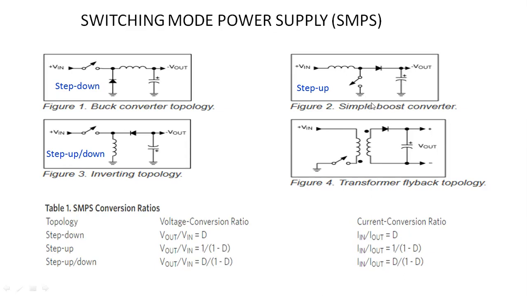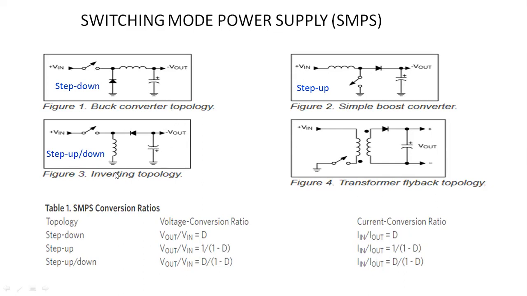We can say that is nothing but the simple boost. And inverting, or we can say the buck boost. When we use the switch first, the only difference is that we change the position of the inductor and the diode which we use in the step down. वो दोनों के conditions change किए हैं. If you see, we have changed the polarities for the capacitor.